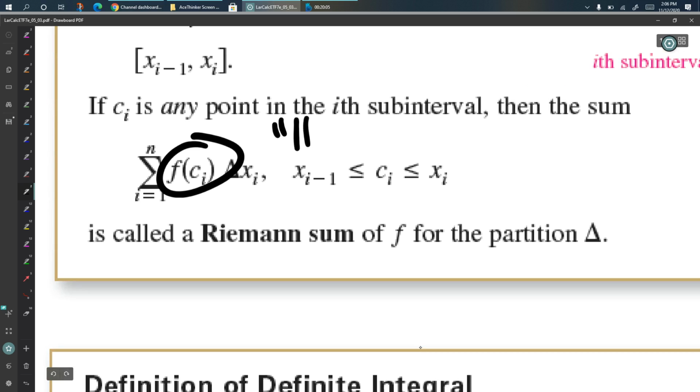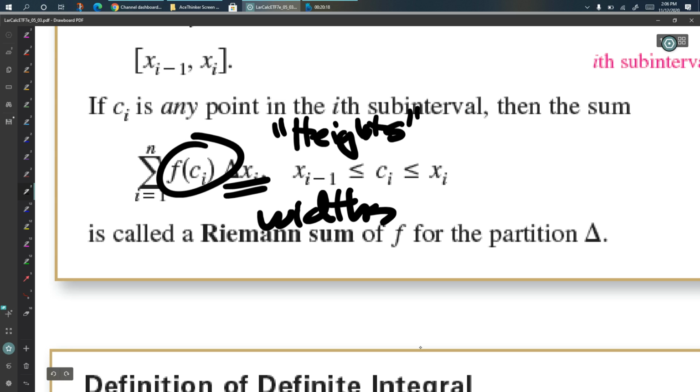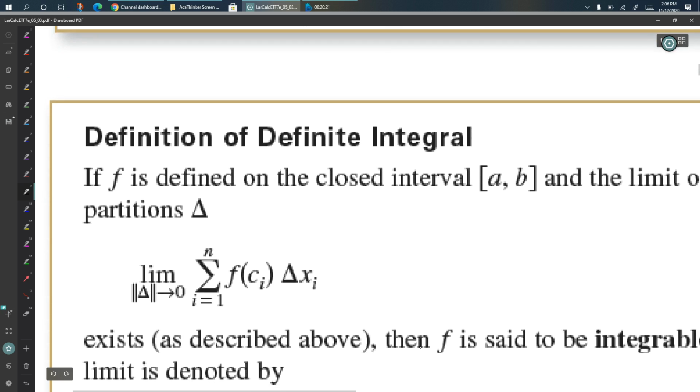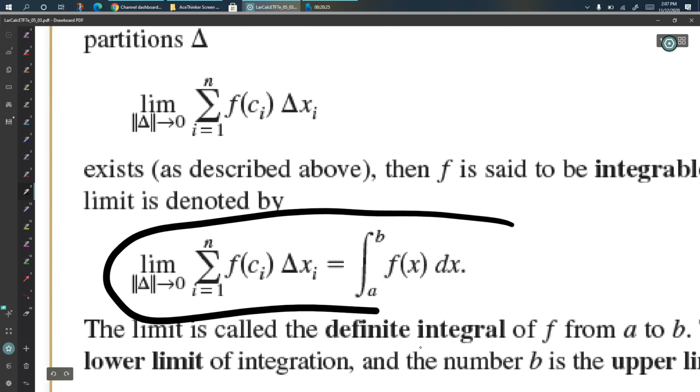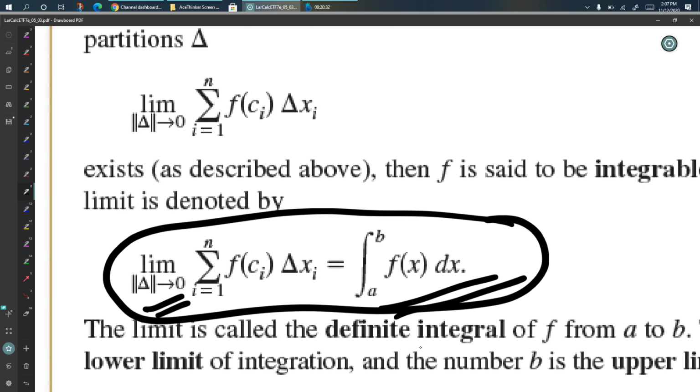Find a bunch of "heights", and I'm putting that in quotes because it doesn't have to be positive, so it really isn't heights. Find a bunch of widths, multiply heights times widths, add them up, you got the value of the integral. If you use infinitely many, it ceases to be an approximation and becomes the exact value. This is our shorthand notation for finding that exact value.